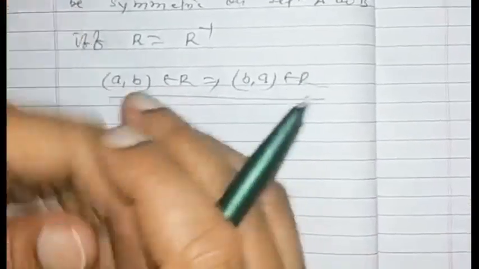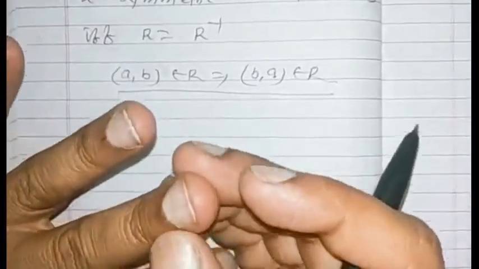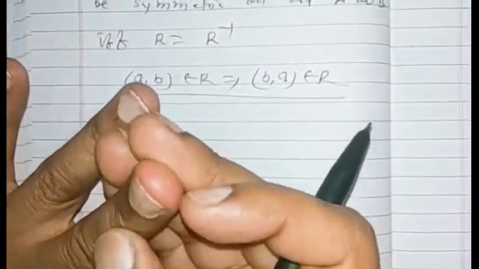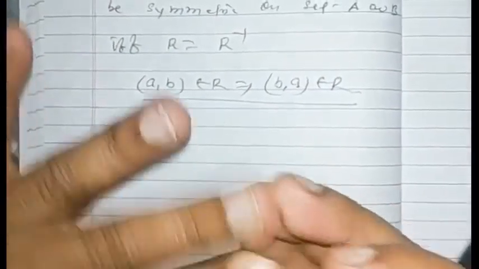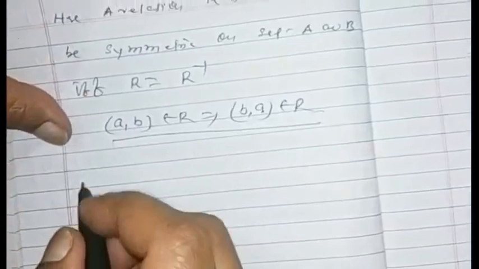Then after I will discuss some more examples based on relation, different types of relations. So now I take some more examples.